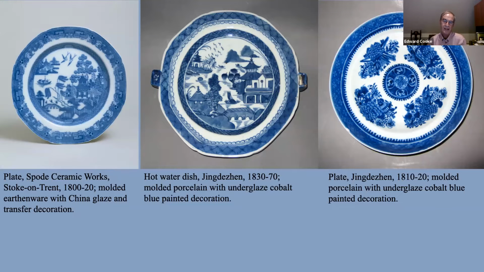The rim around it is also a conventionalized way of thinking about a transfer decorated rim, but all of the Qingdechen Fitzhugh pattern is hand painted. So again, it's the Chinese riffing off of the British borrowing of their tradition to try to get their way into that particular market.